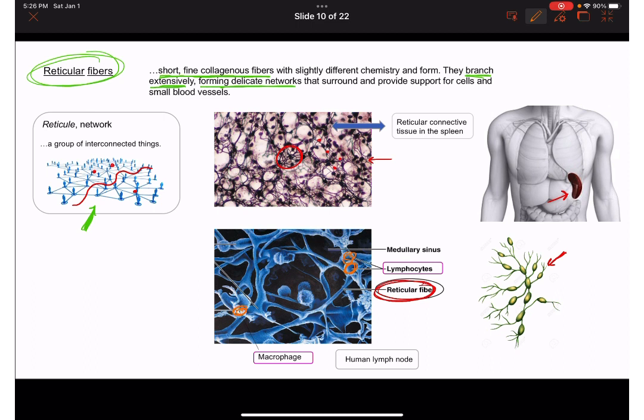They're living on these reticular fibers, waiting for pathogens to pass through the lymph nodes so they can attack them and alert the immune system. So this is a good example of what reticular fibers do. They provide a fine, delicate network where cells and other structures like blood vessels can provide support for them, can provide structure for them.